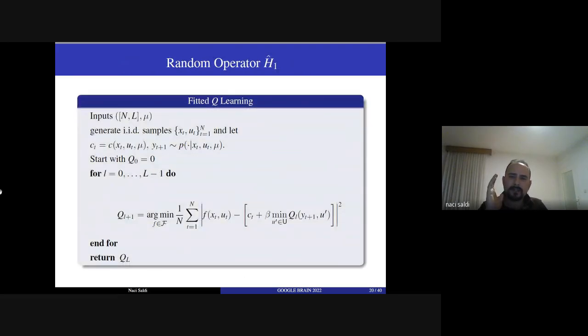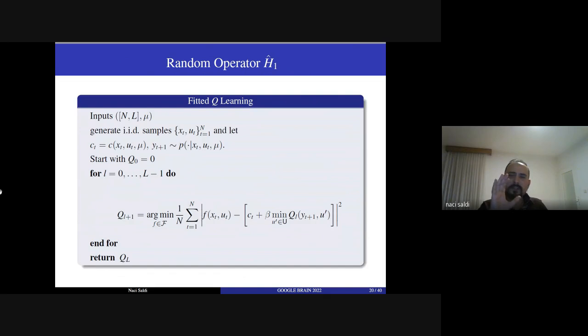Here, H1 basically computes the optimal Q function given any mean field term. Therefore, at this stage, we can apply classical learning algorithms in Markov decision theory. And actually, I forgot to tell you this.